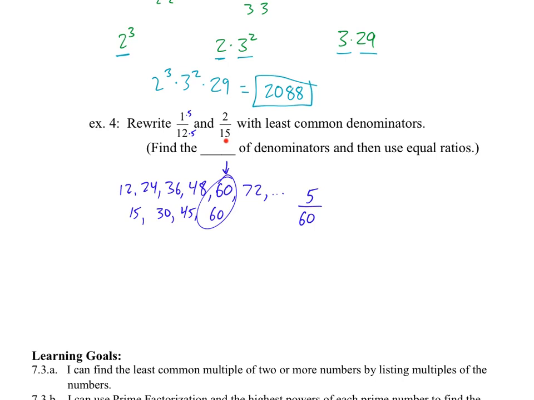And for my 15, 60 was the fourth one over, so I'm multiplying by 4. So times 4 times 4 would give me 8 over 60. And then you could go on and so on. So the takeaway: find the least common multiple of the denominators, and then use equal ratios from there. That's all I got. Let me know if you have questions.